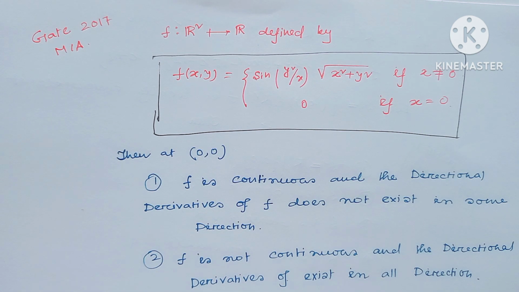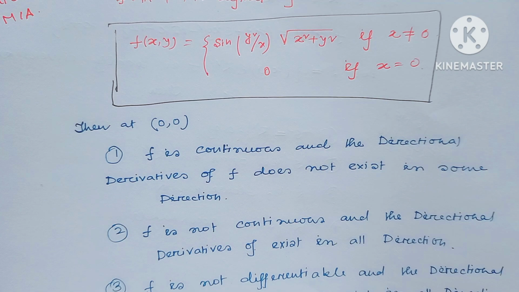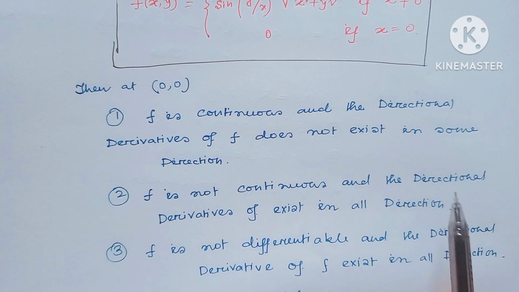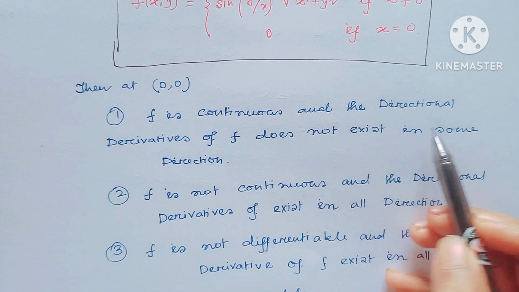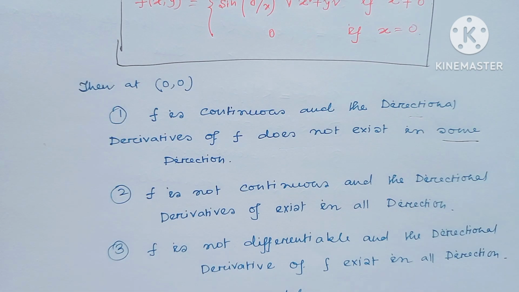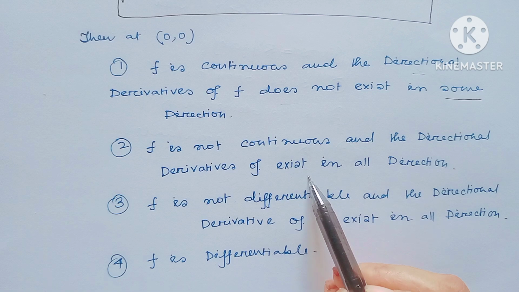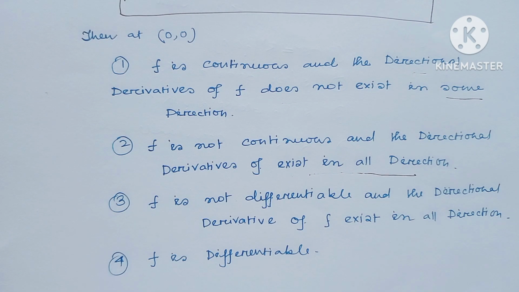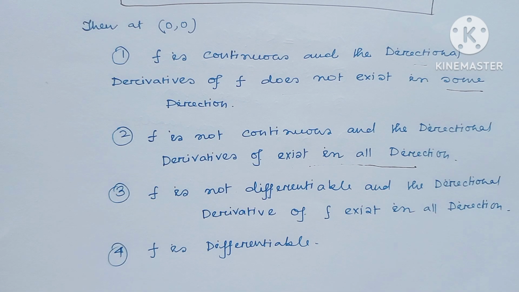Then at the point (0, 0), option 1: f is continuous and directional derivative of f does not exist in some direction. Option 2: f is not continuous and directional derivative exists in all directions. Here option 1 indicates directional derivative does not exist only in some direction, and the second option indicates directional derivative exists in all directions. Option 3: f is not differentiable and directional derivative exists in all directions, and option 4 implies f is differentiable.